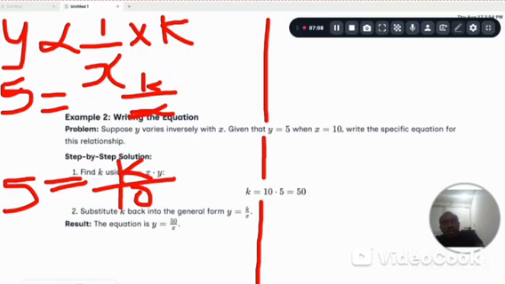Now, the constant is given already as 240. So instead of writing k, I'm going to write the value of k we've gotten here, which is 240, all over s. So when I'm solving the question now, I'm going to write it as t equals 240 all over speed.